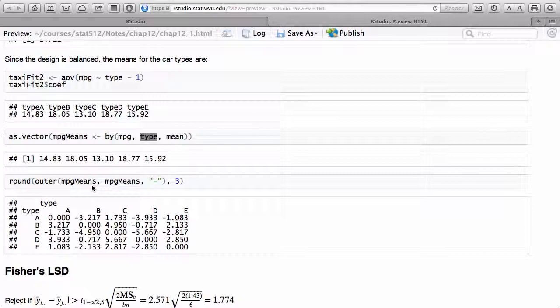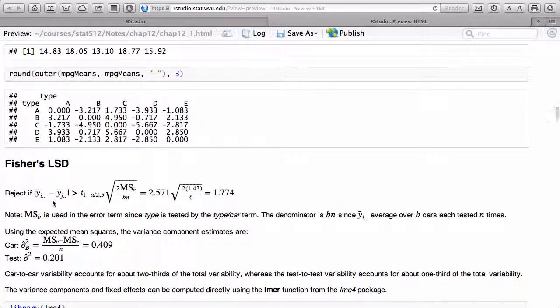So if I'm doing Fisher's LSD, those are the differences, without getting an absolute value. What that table gives me is all possible differences. Now I really only need the lower part. The diagonals are 0, because if I take the first mean minus the first mean, it's 0, right? The second mean minus the second mean is 0. So the diagonals are all 0. And you notice that the upper diagonal is the negative of the lower diagonal.